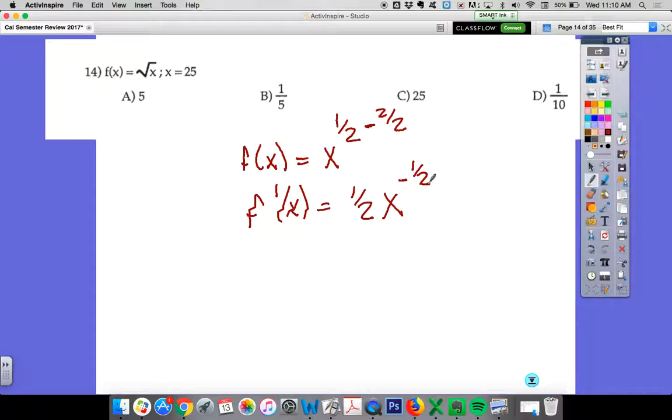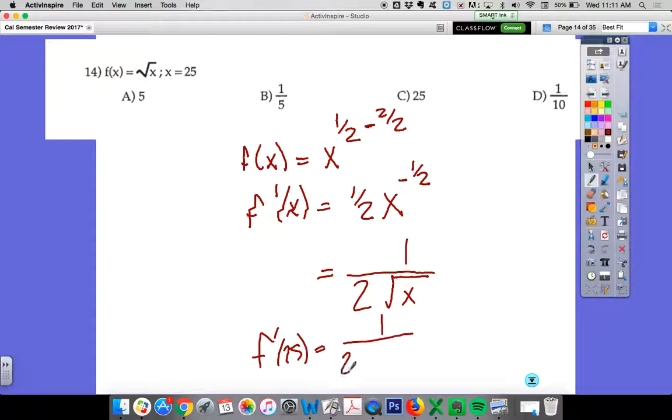Now I would clean it up before I put anything in there. When you clean that up, what does it look like? 1 over 2, and then where does the x thing go? The bottom. And instead of doing x to the 1/2, are y'all okay with just writing the square root of x, going back to normal? Now plug in your 25.